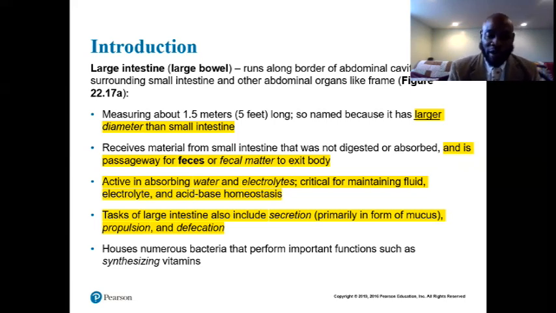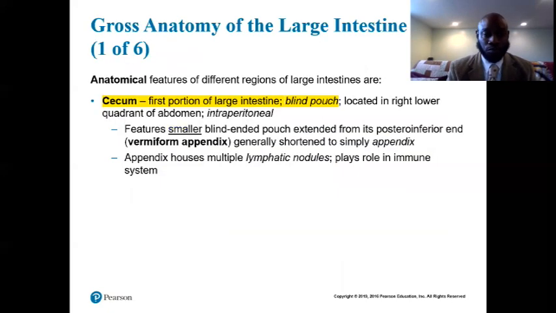There are also numerous bacteria that live in your large intestines. So they're technically organisms, single-celled organisms that live in your large intestines, which are also very interesting. And we need them. They're there for a purpose.